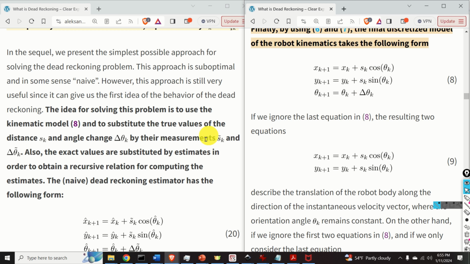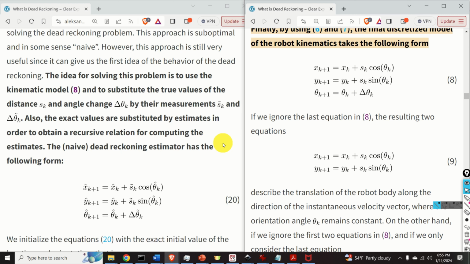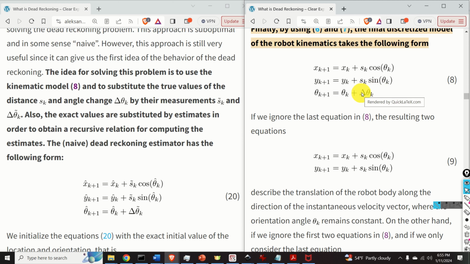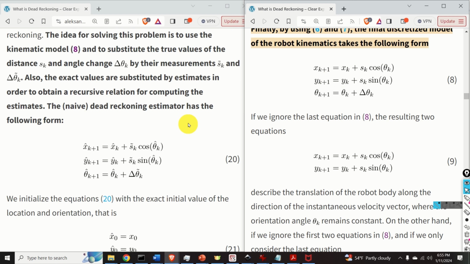Also, the exact values are substituted by their estimates in order to obtain a recursive relation for computing the estimates. That is, instead of xk, yk, and theta k, we will have hats here since we are computing estimates. The naive dead reckoning estimator has this form.